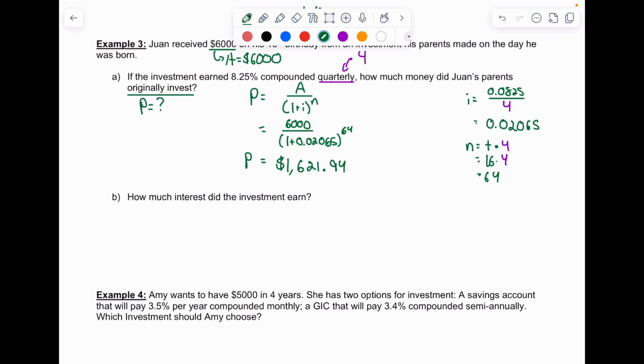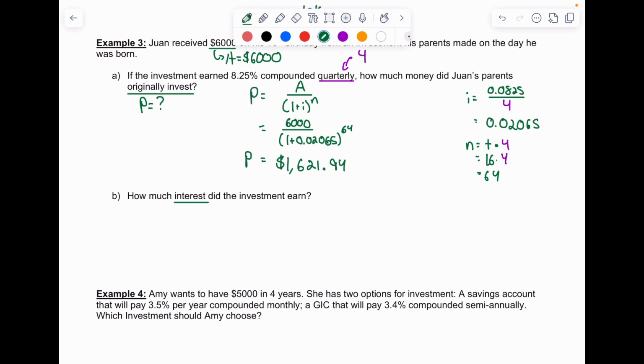So how much interest did the investment earn? Again, your interest is equal to your future value minus your present, right? Or in this case, it's the A minus the P, right?